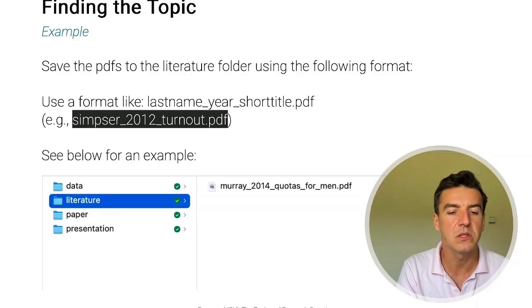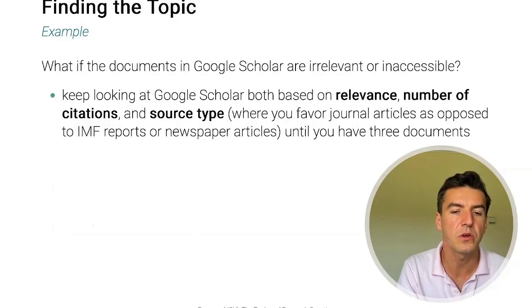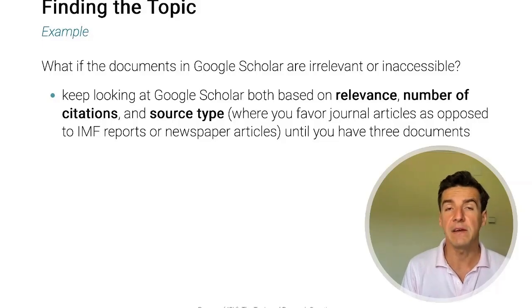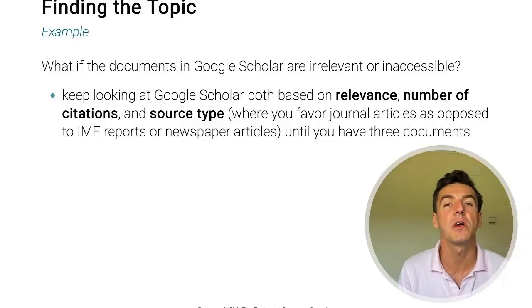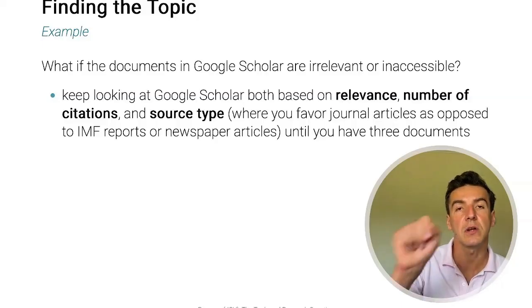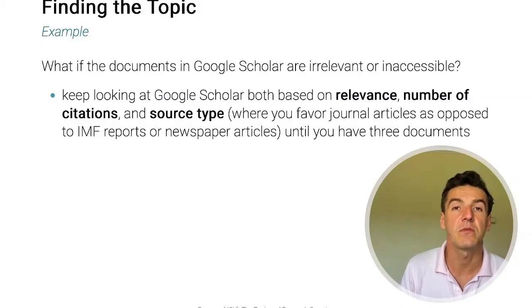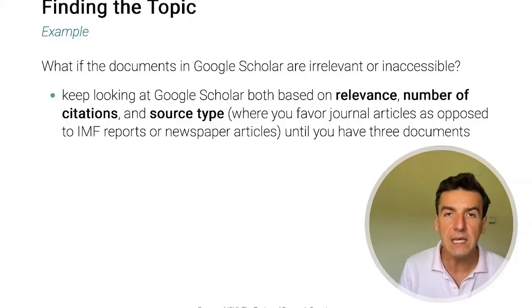Okay, so let's imagine that I have this article, I saved it under my literature folder. One question that you may have here is what happens if the documents in Google Scholar are irrelevant, or what happens if they're inaccessible, meaning that you click on the PDF, but somehow the website is asking for a subscription. If you don't find the sources, you have to keep looking.